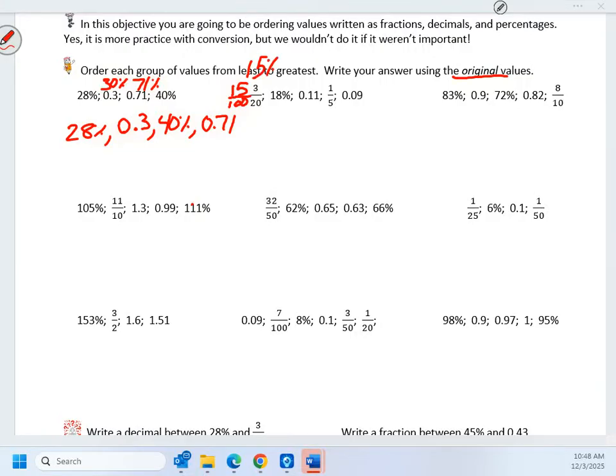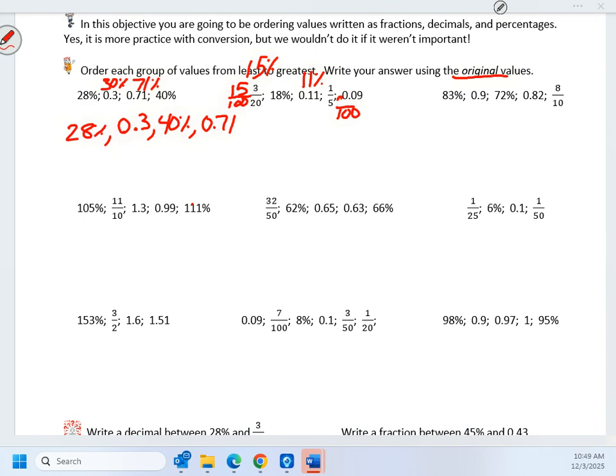15%. Then I have 18%. That's already a percentage. 0.11. What percent is that? Matt? 11%. And I have 1/5. What do I do? Matt? Times it by 20. I'm going to times it by 20, so I get that 100 on the bottom. 5 times 20 is 100.